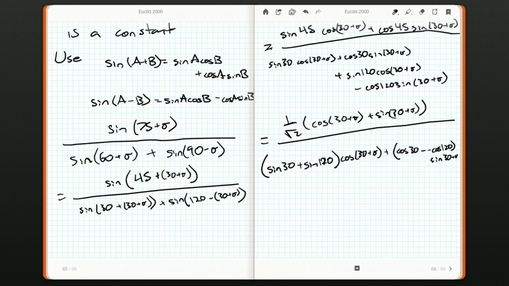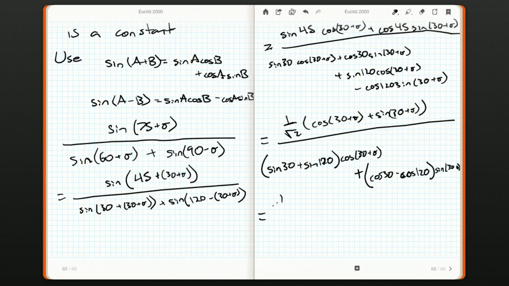And that should be multiplied. I'm going to rewrite that a little bit, just so it's clear that they're being multiplied. So all we've done is we took out the constant on the top and we collected like terms on the bottom. So we have cos 30 minus cos 120 sine 30 plus sigma. Okay.